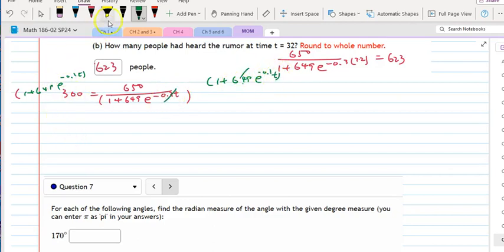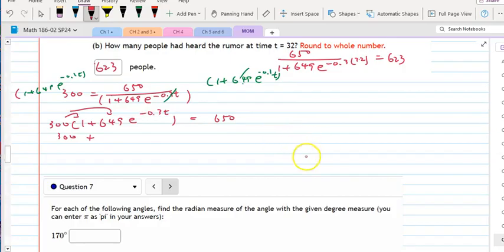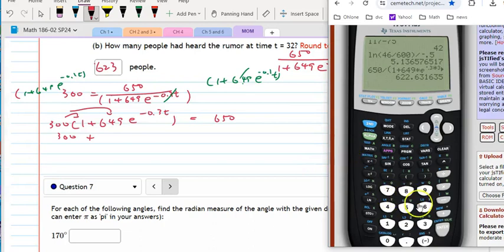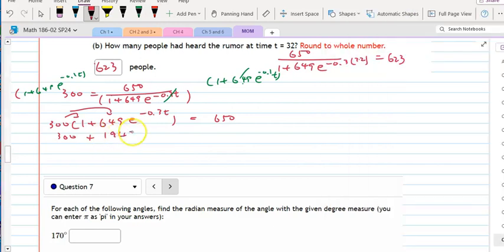1 plus 649 e to the negative 0.3t, because we want to cancel this. And this would actually be multiplied in: 300 times 1 plus 649 e to the negative 0.3t equal to 650. And so we distribute: 300 plus 649 times 300. 649 times 300, that's equal to 194700. 194700 e to the negative 0.3t, and that is 650.